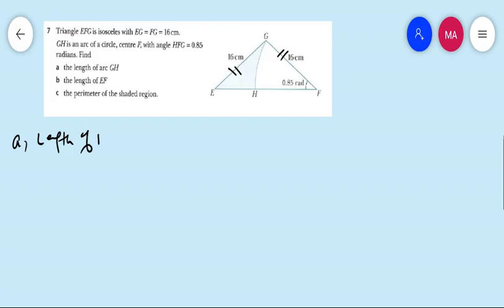Length of arc formula is S is equal to r theta. R is given 16 and theta is given 0.85. 16 into 0.85 is 13.6.